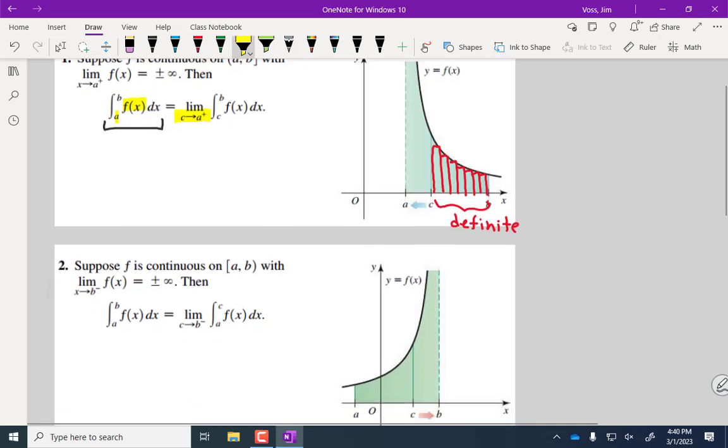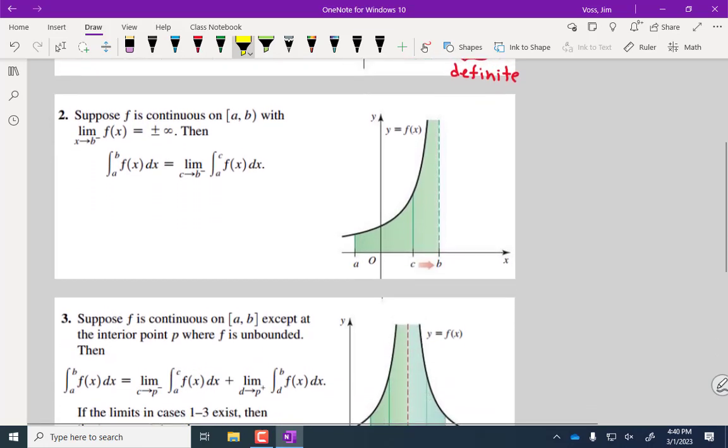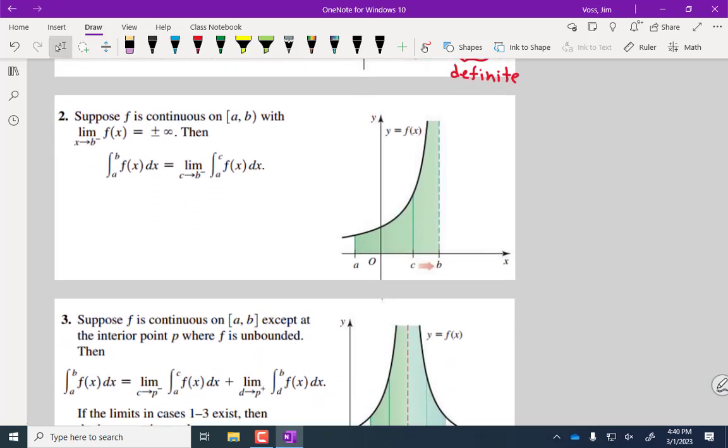Now, if we had a setup like this, where the asymptote is to the right, same idea. We've got our rectangles over here that are totally fine. That's our definite integral. And then we're going to approach B from the left side. So if our asymptote is on the right edge, then we're approaching from the left.